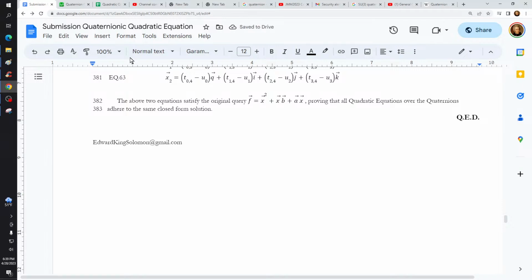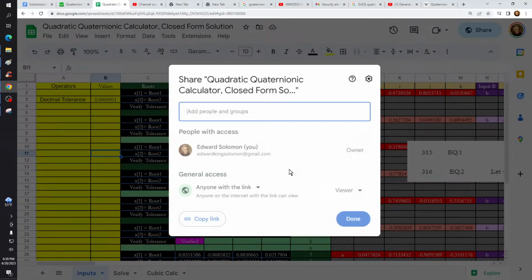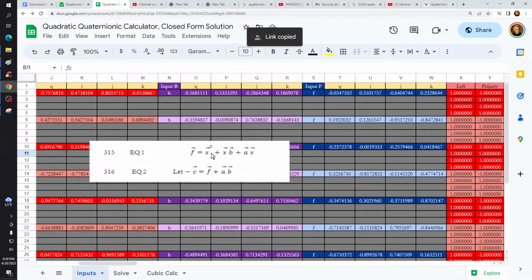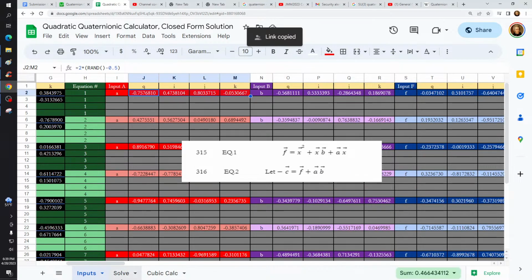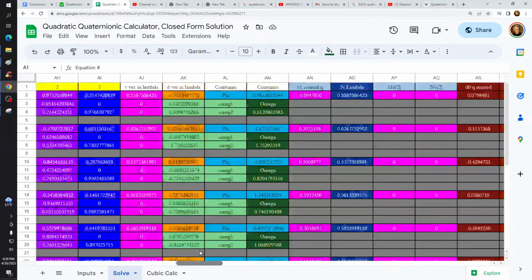Just wanted to show you the general method, and here is a calculator. I'll put it in the description. What you do is you put the original vector inputs f equals x squared plus xb plus ax. You put f here, put b here, put a here, and it will go ahead and do all of the steps that I described.